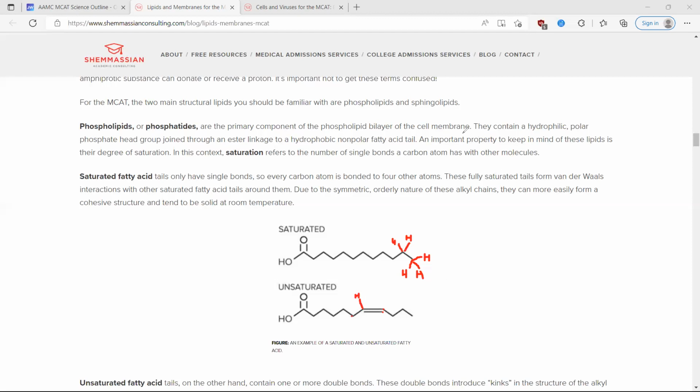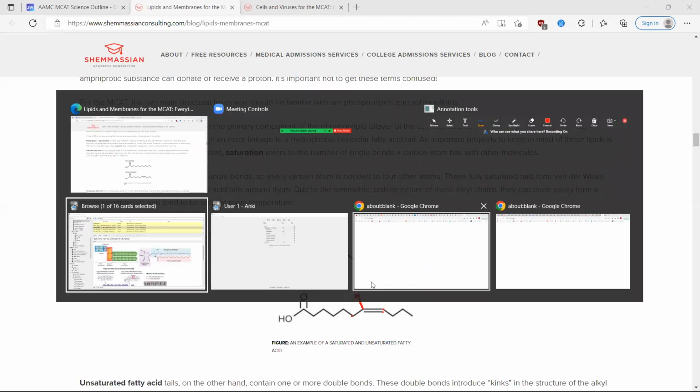So why do we care about saturation? What is the point of saturation? When chains are fully saturated, they can pack together well because there's no kink. This bond here can cause a kink. So what does that look like?